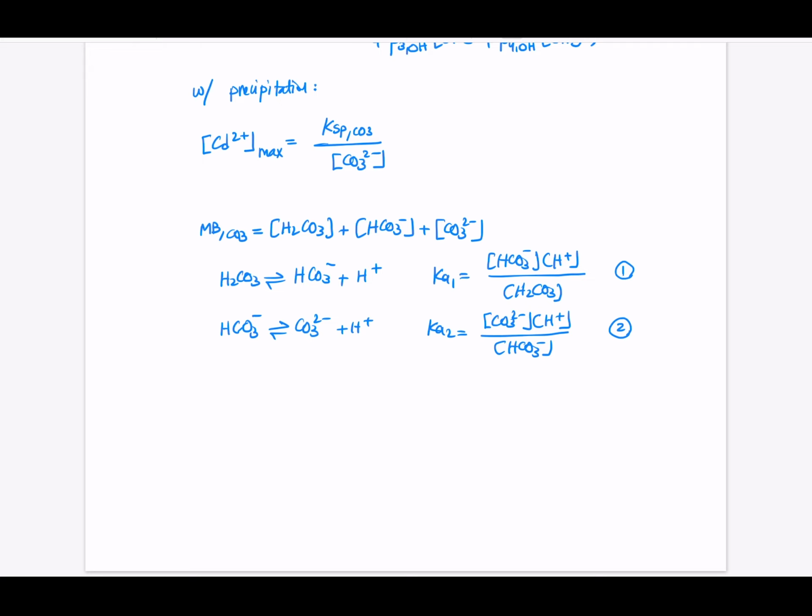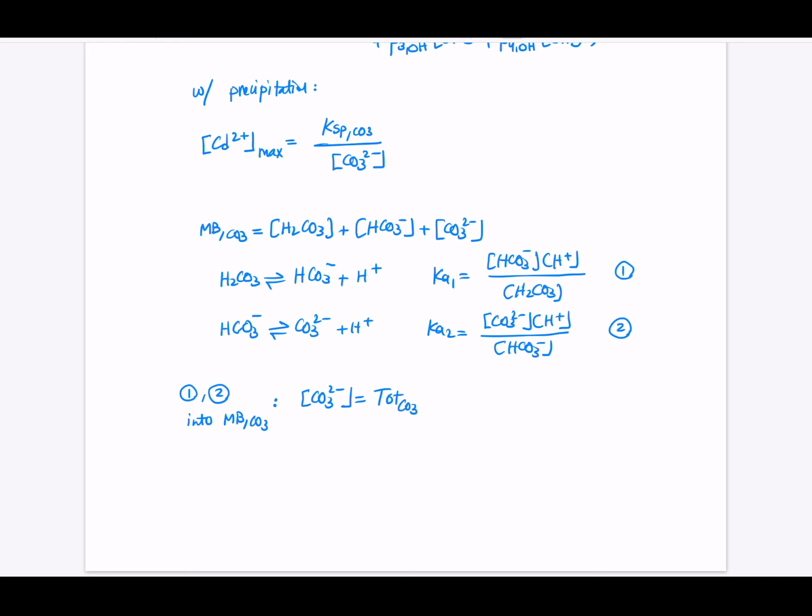So if we combine 1 and 2, rearrange it, and put it into the mass balance of CO3, then we get CO3 2 minus to be a function of pH and other constants.